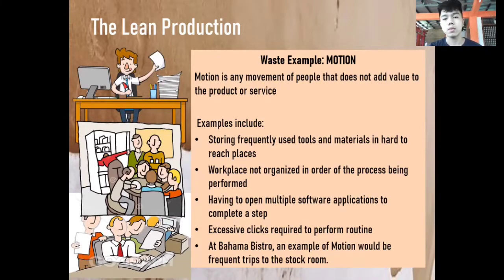Ayun, dapat isang motion yung nag-a-add ng mga galaw mo na hindi naman dapat. Kasi halimbawa, dapat yung mga gamit sa isang business, may mga lalagyan para kung kailangan na yun, alam na agad kung saan kukunin.